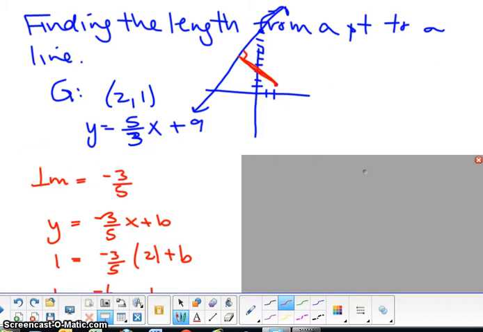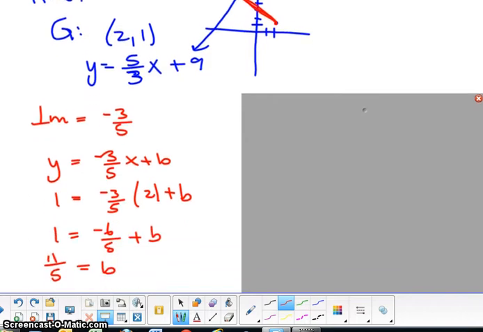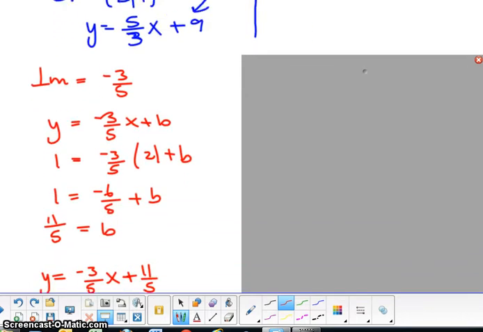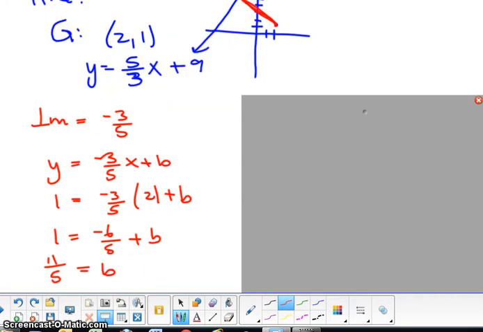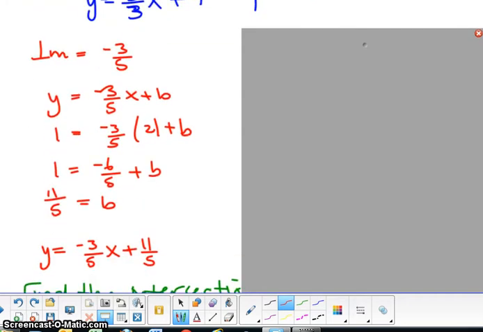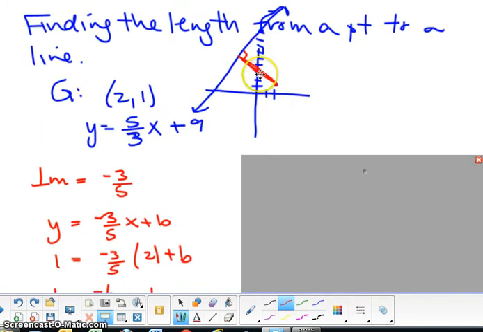So the perpendicular slope, then you're going to find the equation of that line. Okay, and so we know that this line right here in red is y equals a negative 3/5 x plus 11/5. Now if we want to find this point right here, we're going to have to find the intersection. And how do we find the intersection? I use substitution.